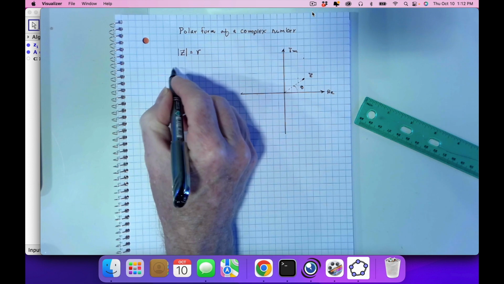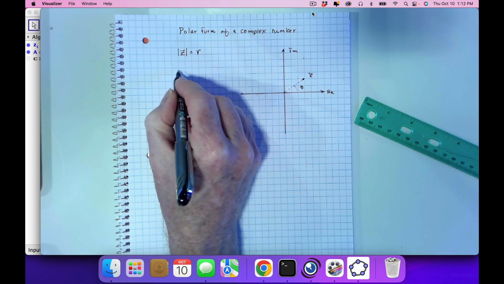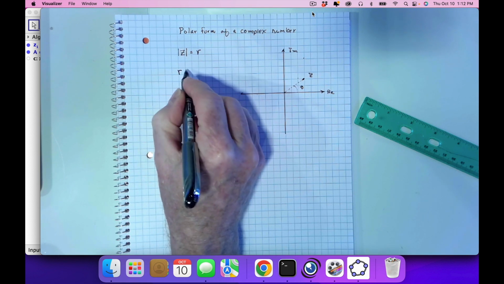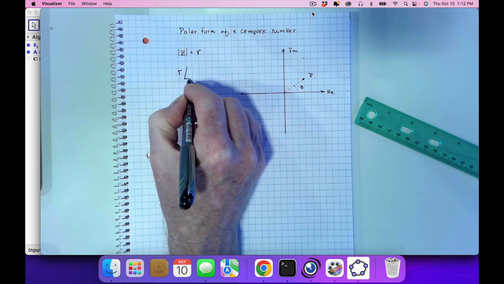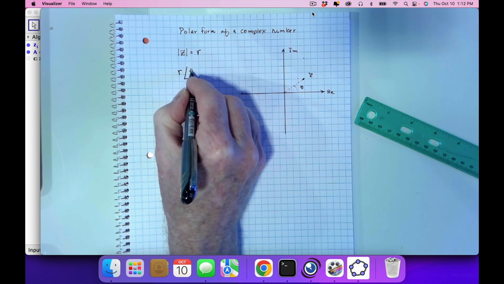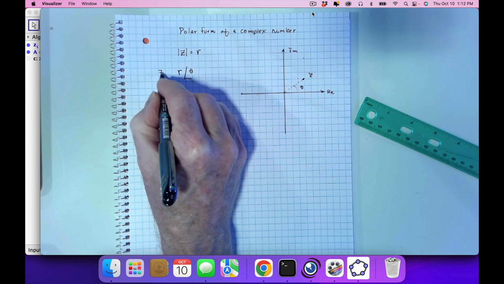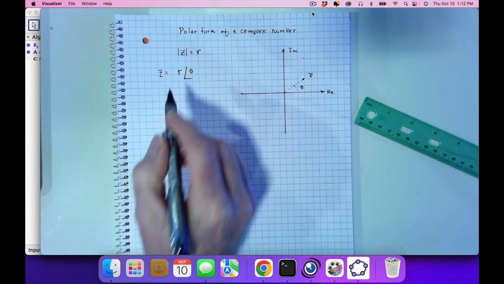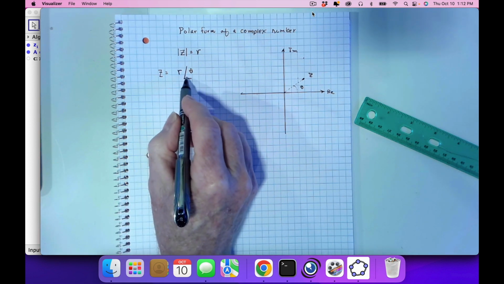And so the polar form would be as follows. It would be some magnitude, and now we've got to somehow indicate the angle. One way of doing it is using this little angle bracket, r at theta. So that's our first crack at giving a polar form for a complex number.